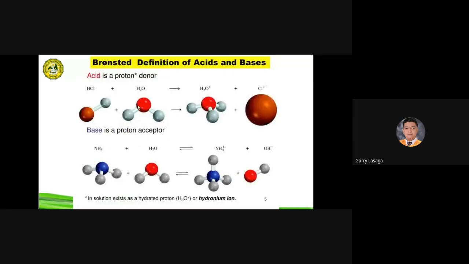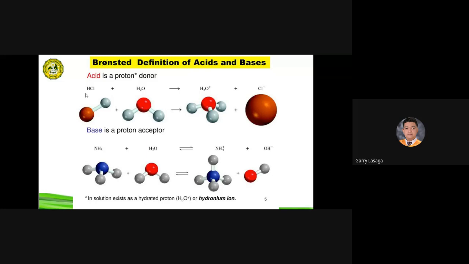So for example here, this is our hydronium ion, and this will be formed when our water here will accept a proton that comes from our acid. So HCl here is our acid.